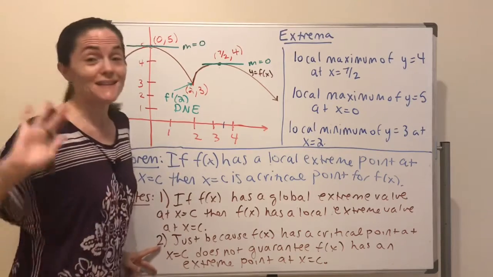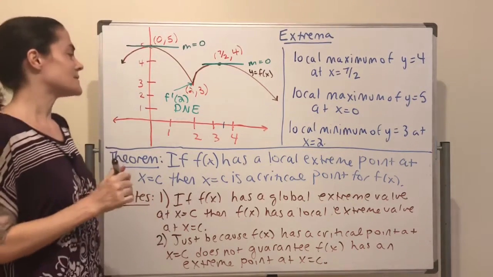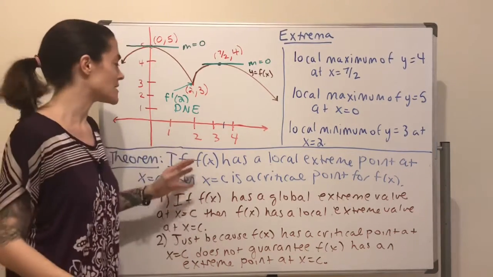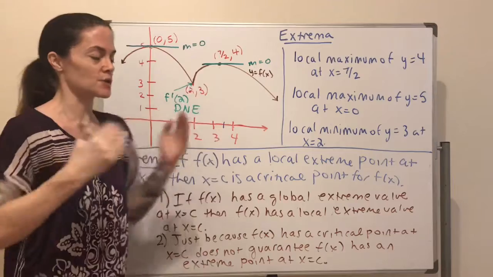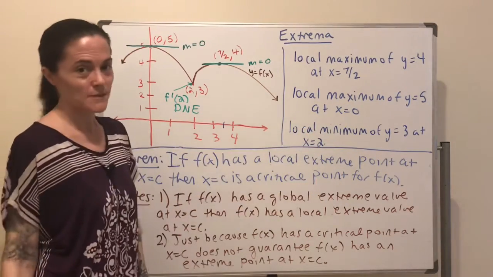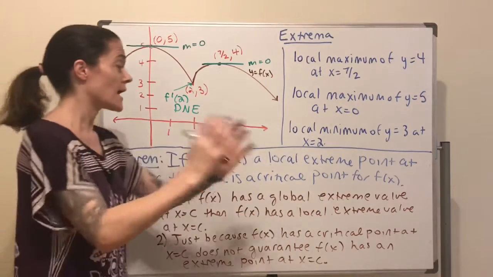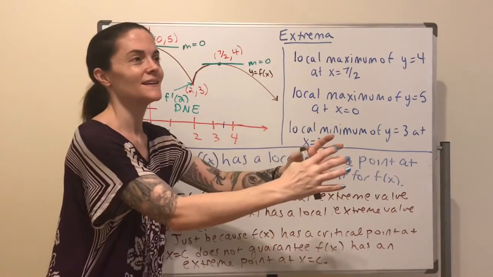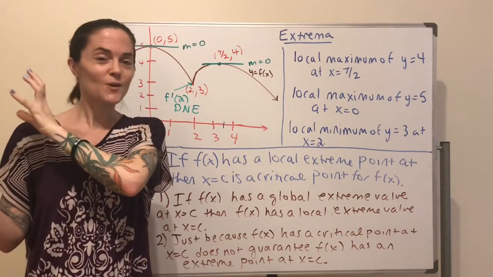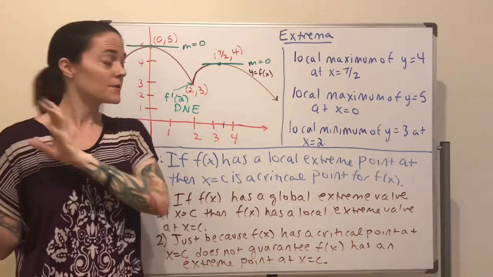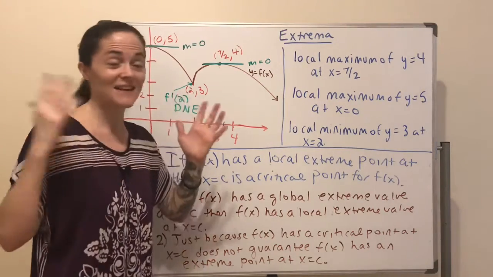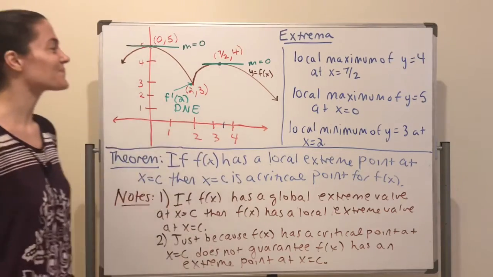This statement, note number 2, is very similar to this theorem, except it does not go in the other direction. So if you have a local extreme point, then you have a critical point at x equals c, but it does not go the other way. You can have critical points where the function does not have a local max or local min at that x value.